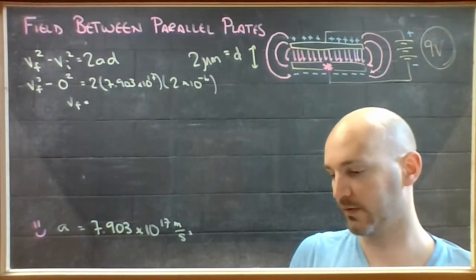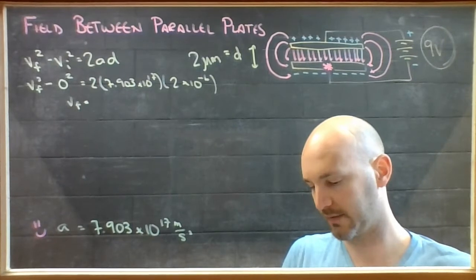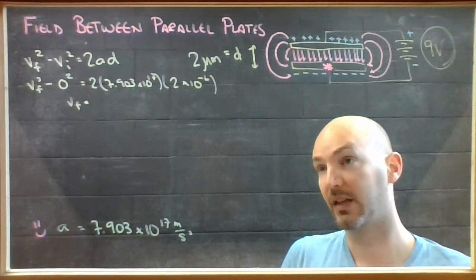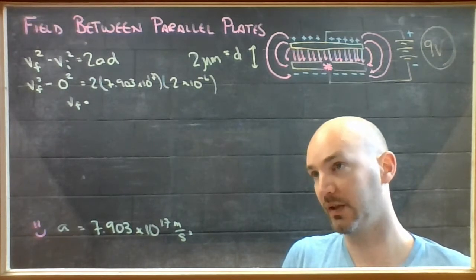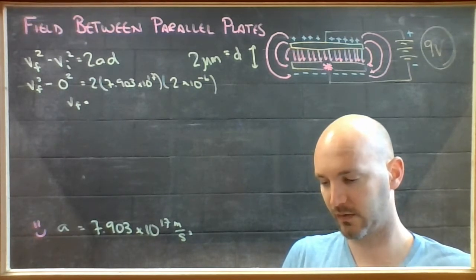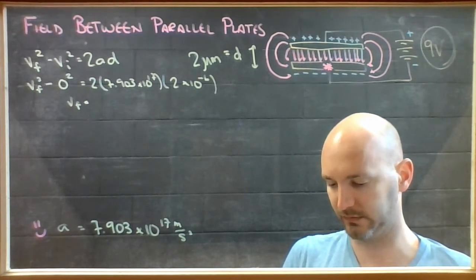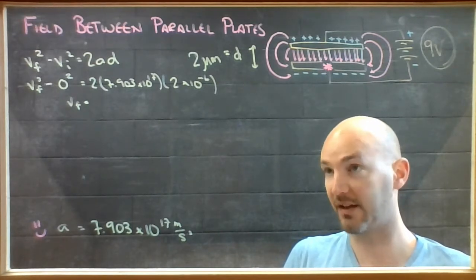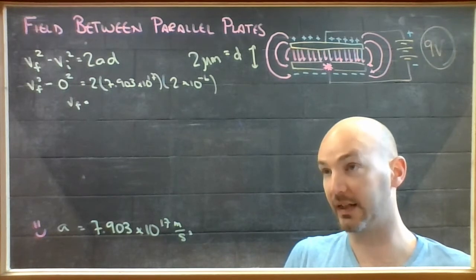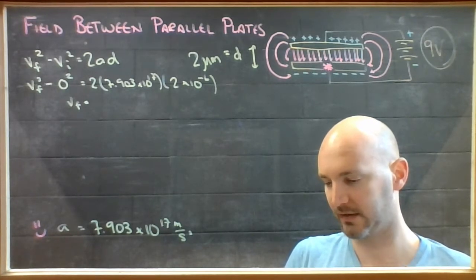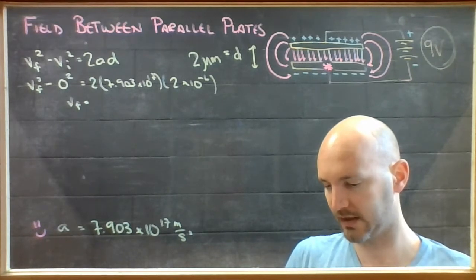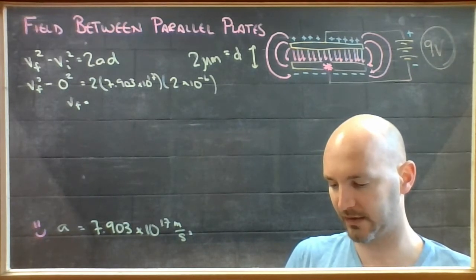So that acceleration times 2 times 10 to the negative 6, times 2, equals, square root. Let's try again. 2 times 7.903 times 10 to the 17 times 2 times 10 to the negative 6 equals that, to the exponent 12.